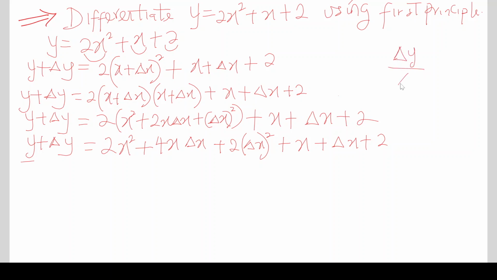So we bring y to the right hand side, because don't forget, we are looking for delta y over delta x. That's where we are going. We need to bring y so that we have only delta y.